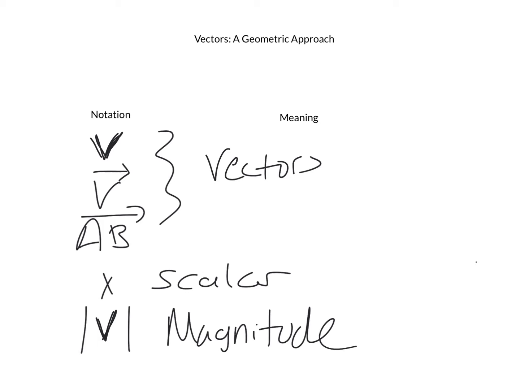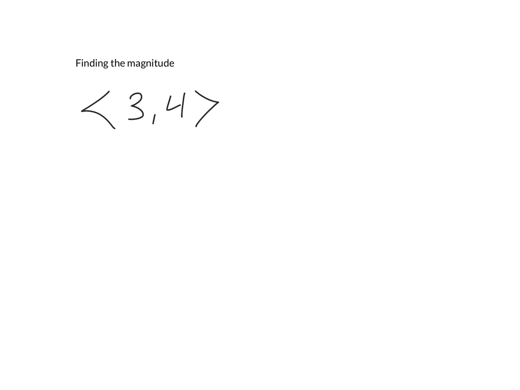One of the main things with vectors is they give us a sense of direction, where an object is possibly going, hence the arrows around some of these notations for vectors. To find the magnitude, we have 3, 4 as our vector.